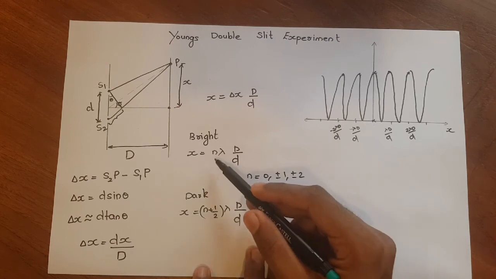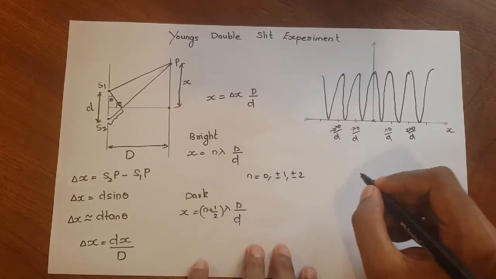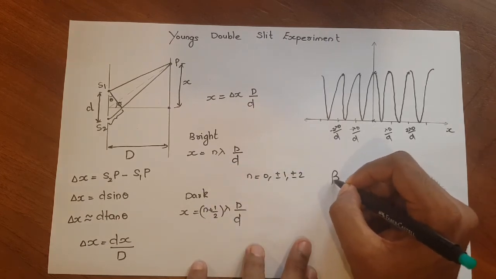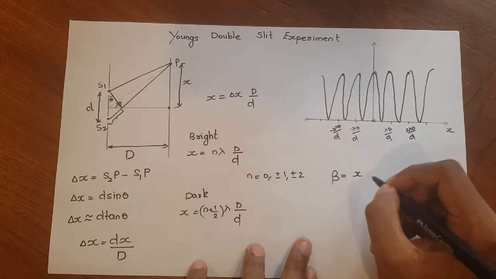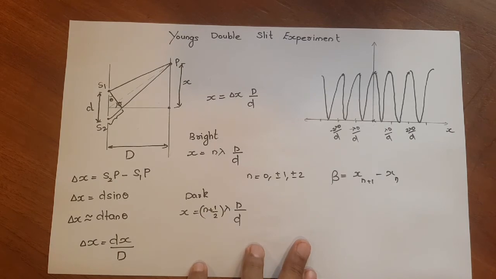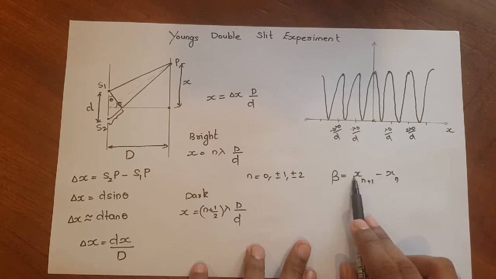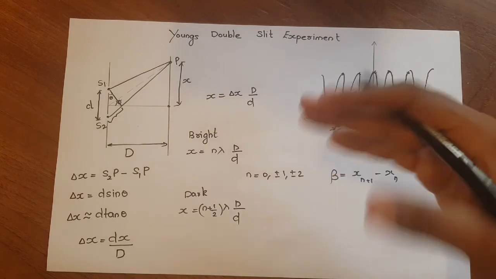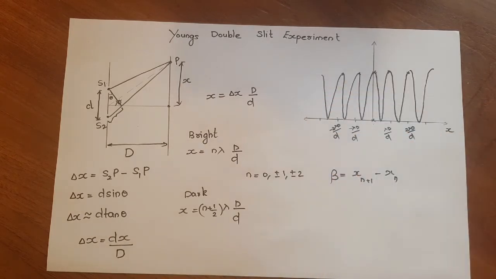Or you can even derive that from this equation, because the fringe width is represented by the letter beta. This is the general equation. If I am taking the first bright fringe, then this will be the second bright fringe. So the distance between the two fringes will be the width of a single fringe.